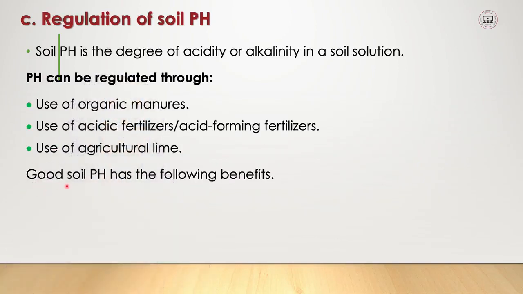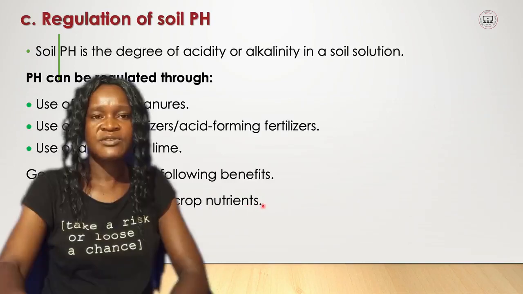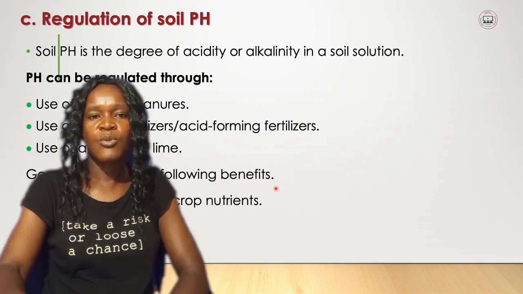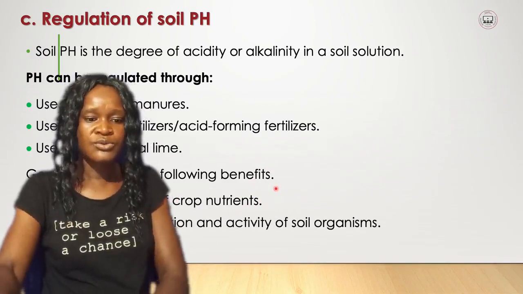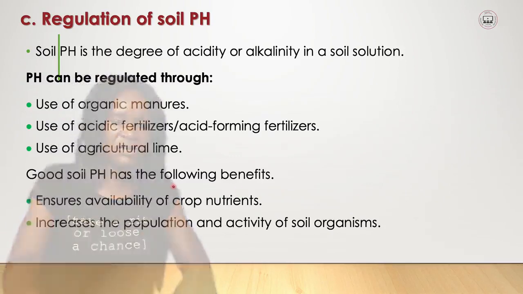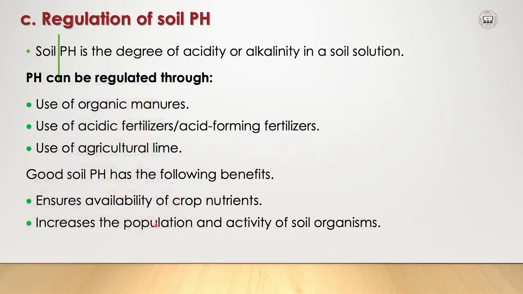So a good soil pH has the following benefits. Number one, it ensures availability of crop nutrients. As I've already said, if the soil is neutral, most of the time it will allow different types of nutrients to be available. Also, a good soil pH increases the population and activity of microbial organisms.